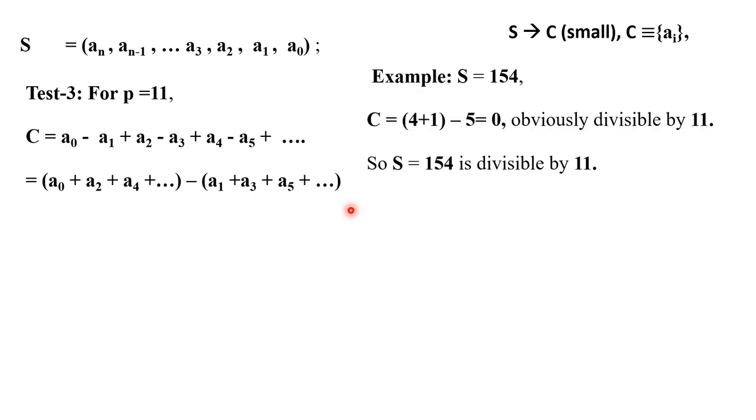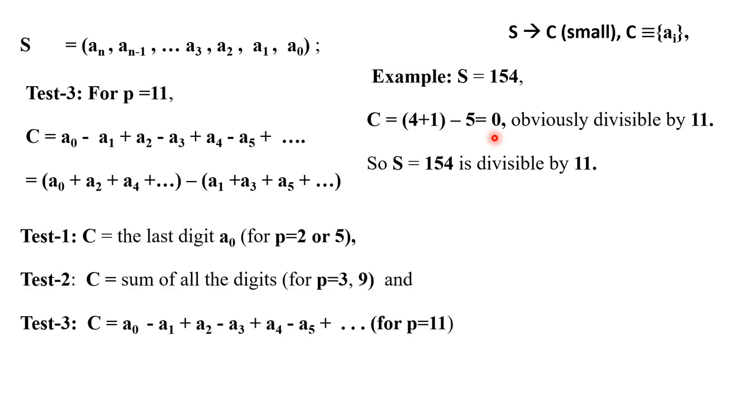So look at the example. 154 is the number, then you add 4, the last digit A0, then A2 minus A1. So 4 plus 1 minus 5 is 0, right? And it is divisible by 11. So 154 is divisible by 11.